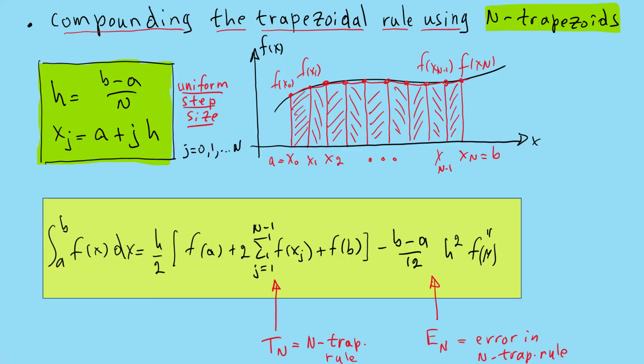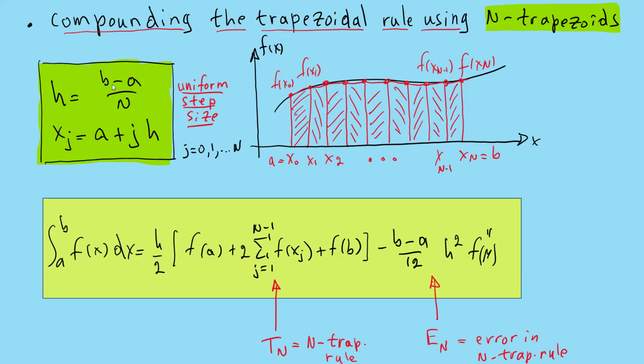Instead of approximating the entire interval with a single trapezoid, we split it into n equal subintervals, and each panel, or each of these subintervals, has a trapezoid. And then we add all of these areas together.